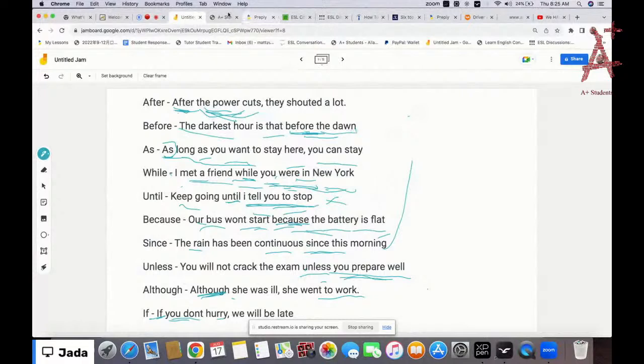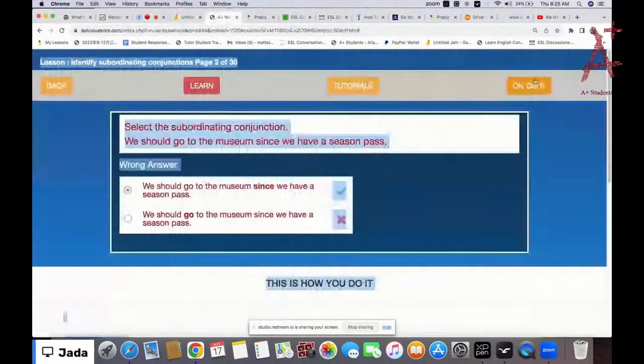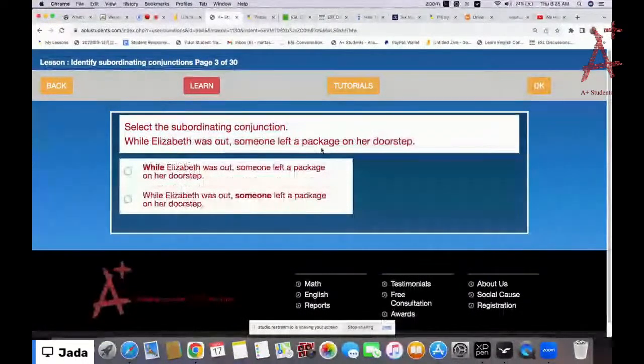All right, so moving forward, while Elizabeth was out, someone left a package on her doorstep. Now you have two answers in bold, so you have to be careful. While is part of the subordinating conjunctions, but someone is not part of it.